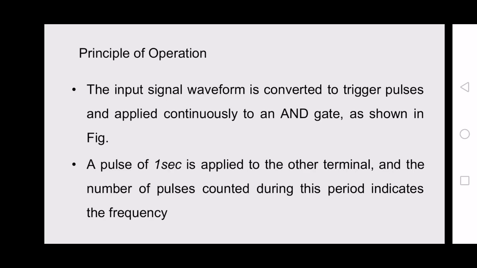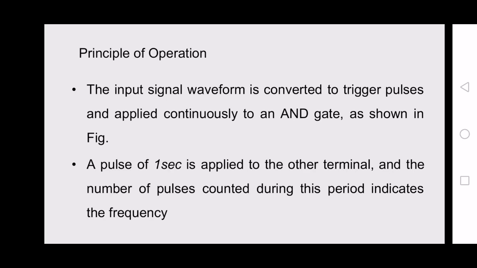First we have to amplify that signal, then convert it before applying it to one of the inputs of the AND gate for the unknown frequency measurement.